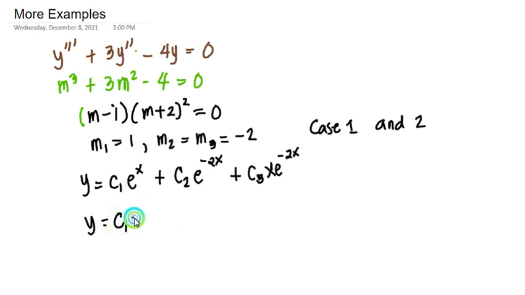So, we have e raised to x plus, and I factor out e raised to negative 2x. Then I have c2 plus c3x.